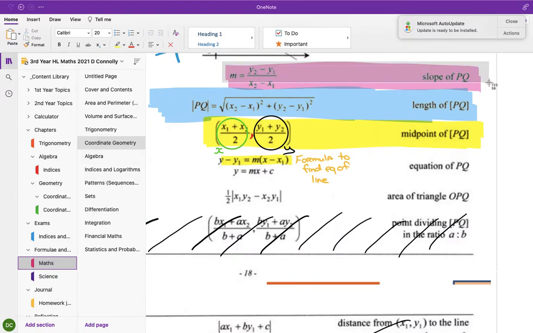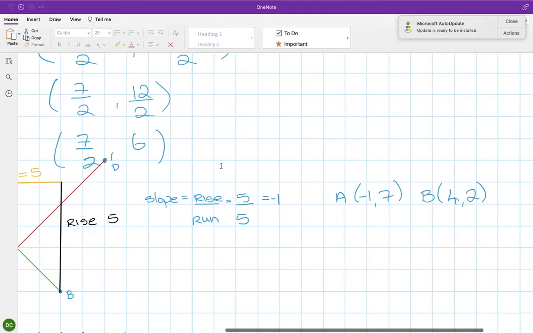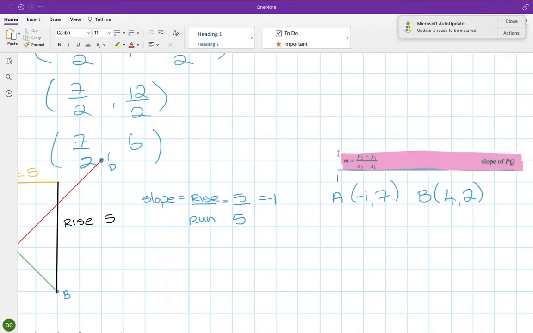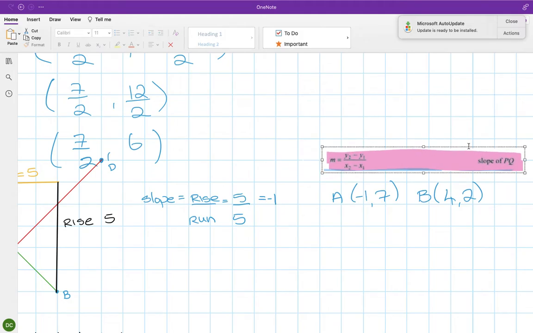There it is there in pink. So I'm going to go over here. Oh, okay, it's big enough. And so there's my slope formula, and here's my points. So x1, y1, x2, y2. Sub them in the right places.